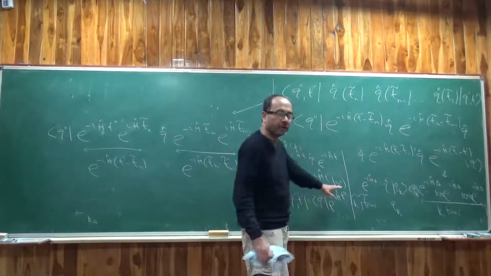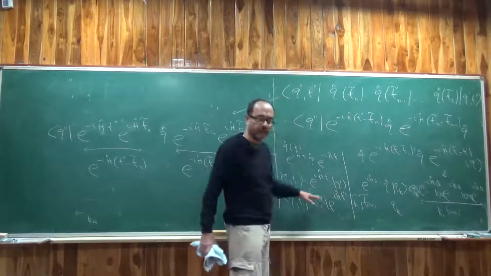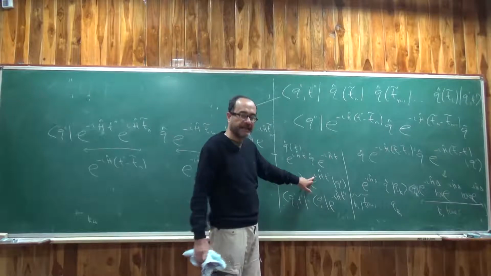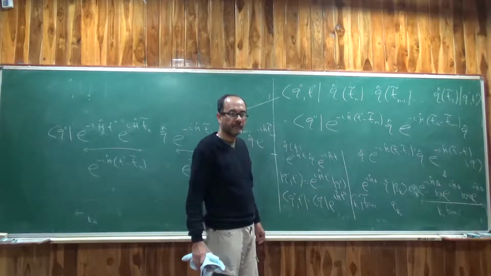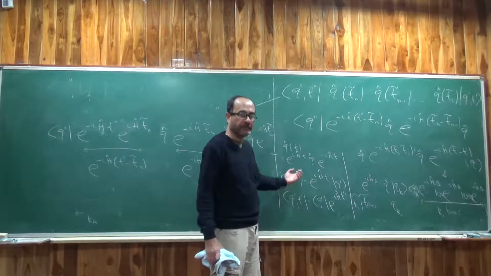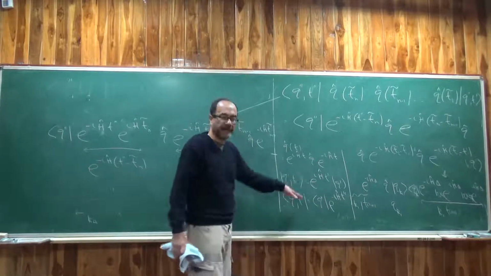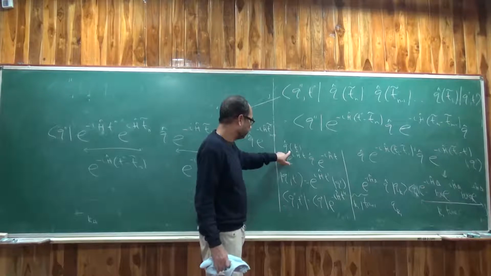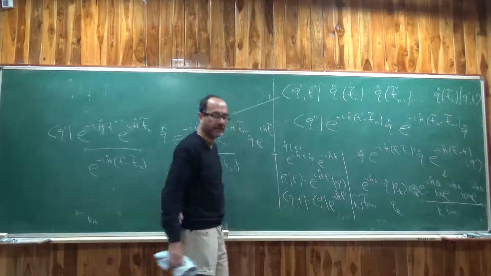So this is not evolution in the Schrödinger sense. In fact it doesn't satisfy the Schrödinger equation; that would have been e^{-iĤt'}. By definition it is an eigenstate of q̂(t'), which you can easily verify, because the e^{-iĤt'} in q̂(t') cancels the e^{iĤt'}.